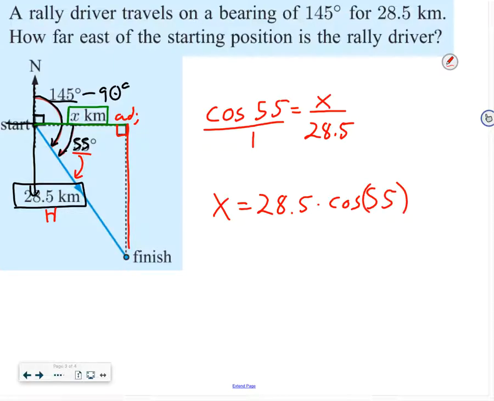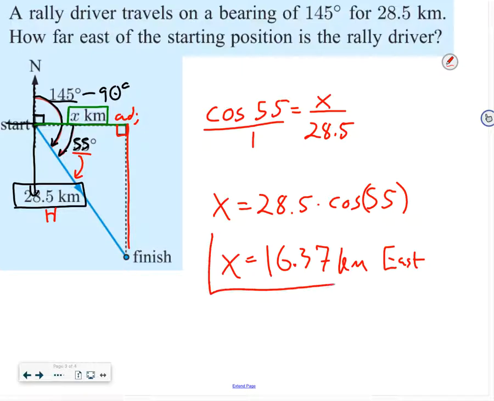Using my calculator, I see that x is equal to 16.37 kilometers east from the starting point that we traveled. Okay. There's an example there.